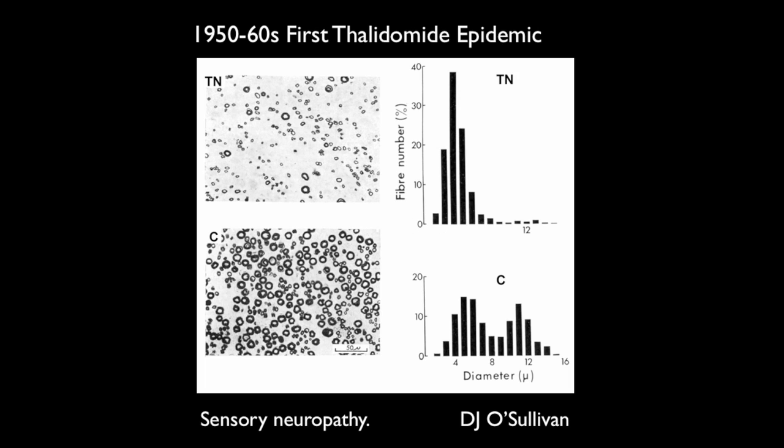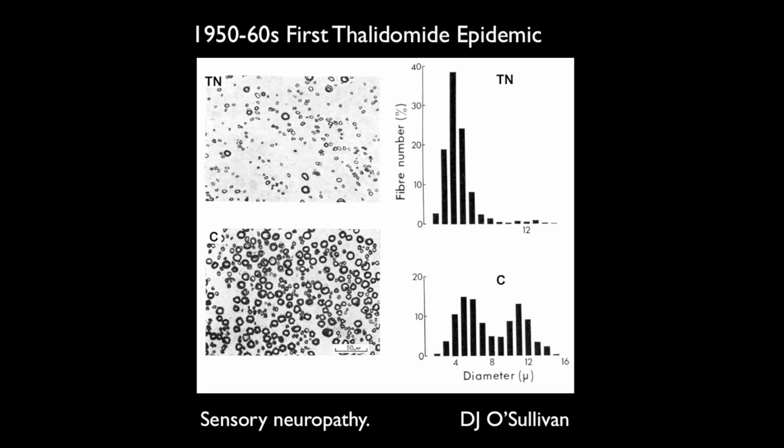However, in thalidomide-damaged nerves like the pictures above, the distribution of axon sizes is unimodal, with loss of all the large fibres and increased numbers of small-sized fibres. So thalidomide did 3 things to peripheral sensory nerves.